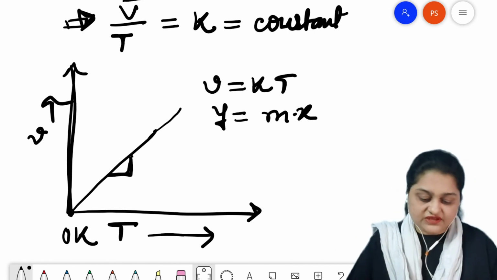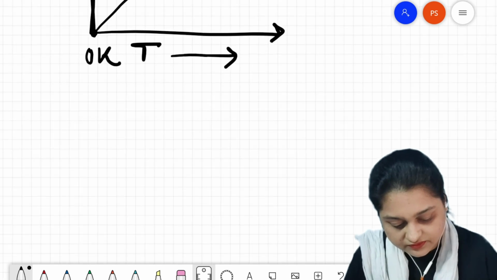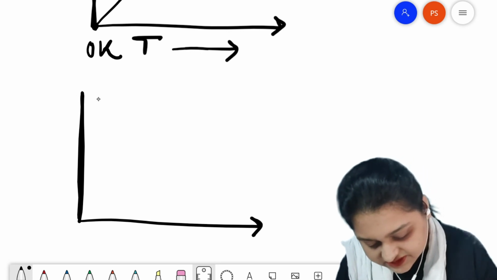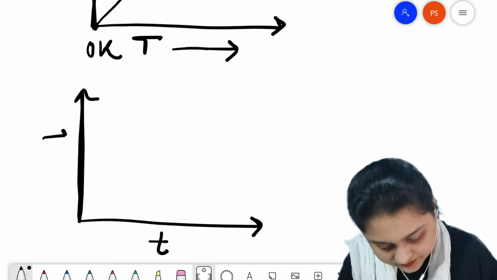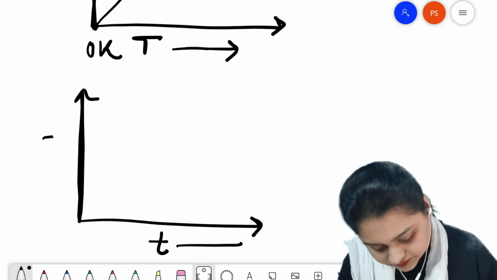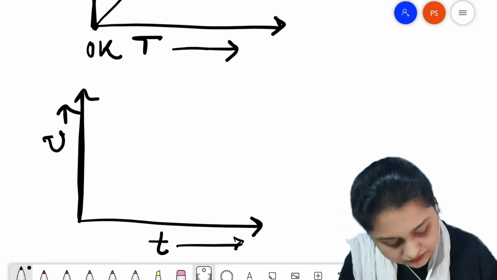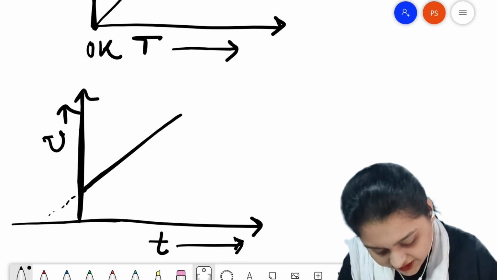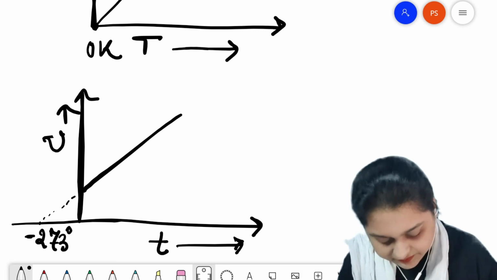So the previous graph that we had studied, where we were doing the V versus T plot with the temperature taken on the Celsius scale, where by extrapolating we were getting minus 273 degrees Celsius temperature.